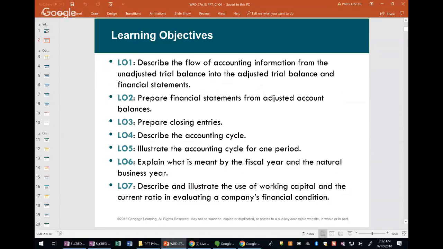Okay, the complete accounting cycle. Describe the flow of accounting information from the unadjusted trial balance into the adjusted trial balance and the financial statements. Now, our first step of the accounting cycle, and this may have been a multiple choice question, was to make a journal entry. What was the second step? What's the second step of the accounting cycle?